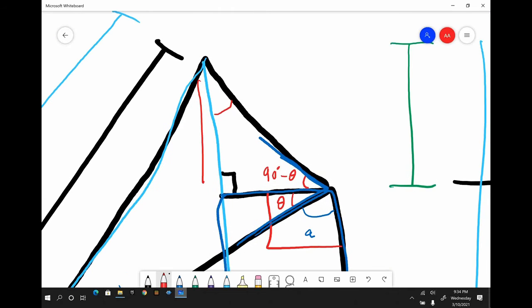And finally, we can solve for the angle at the top because we have a right triangle and we have two angles, and that means that it'll be 90 degrees plus 90 degrees minus theta, which means that the top left angle is just theta. And using this information, we're ready to solve for the height of this triangle.